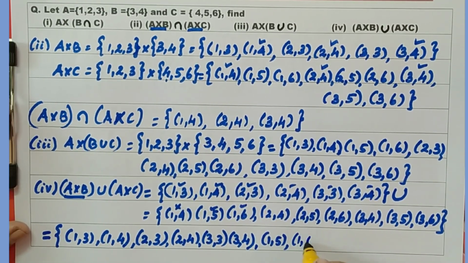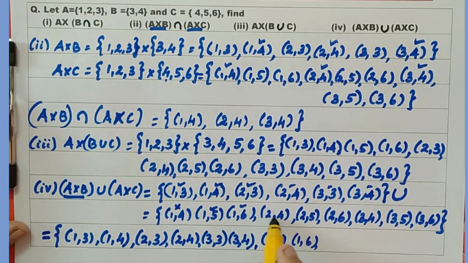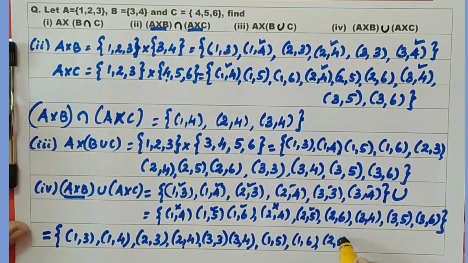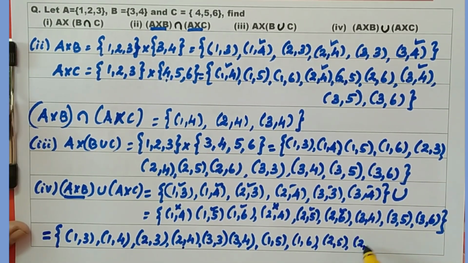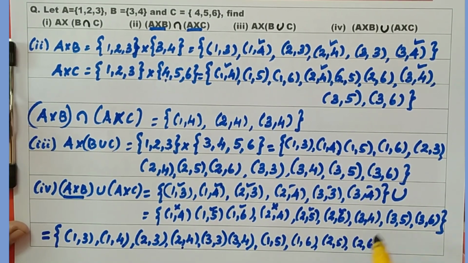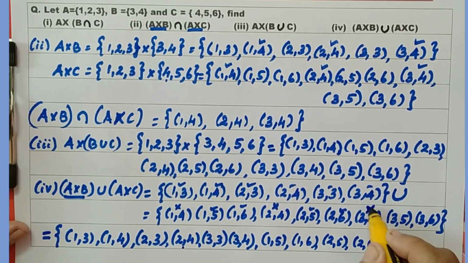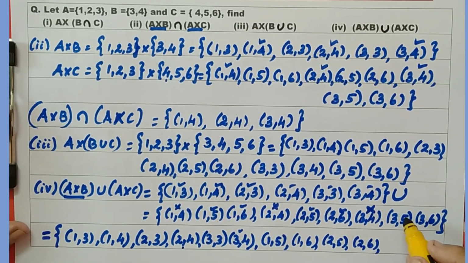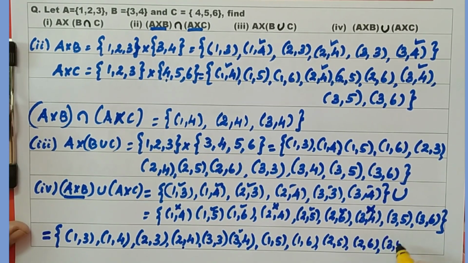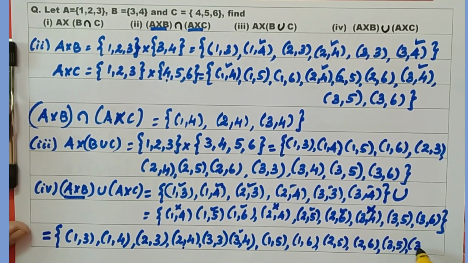Then (2, 4) is already written. (2, 5) I am going to write, (2, 6) also. Then (3, 4) is already written. Then (3, 5) we can write, and the last one is (3, 6).